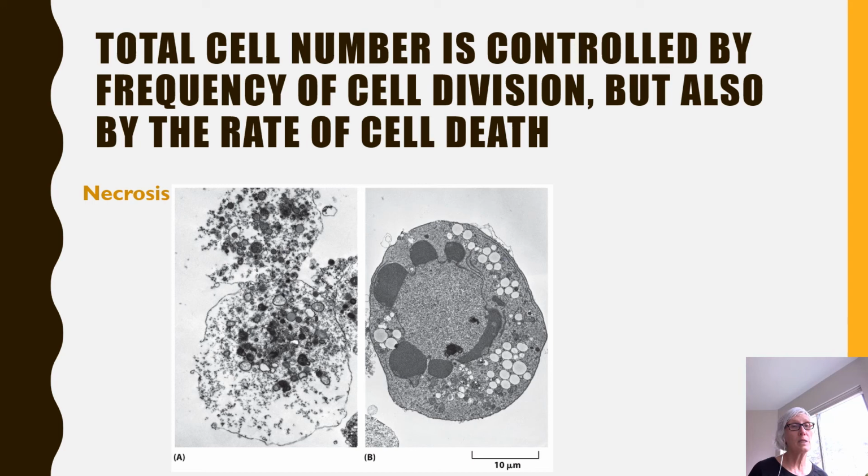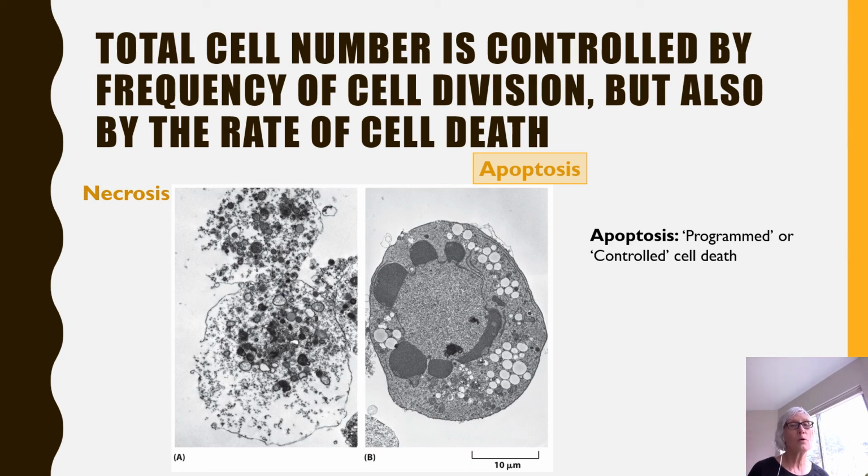Some of those cellular contents might be, for example, digestive enzymes from the lysosomes. So releasing digestive enzymes into the extracellular space is not necessarily a good thing for the neighboring cells. A second type of cell death is referred to as apoptosis.